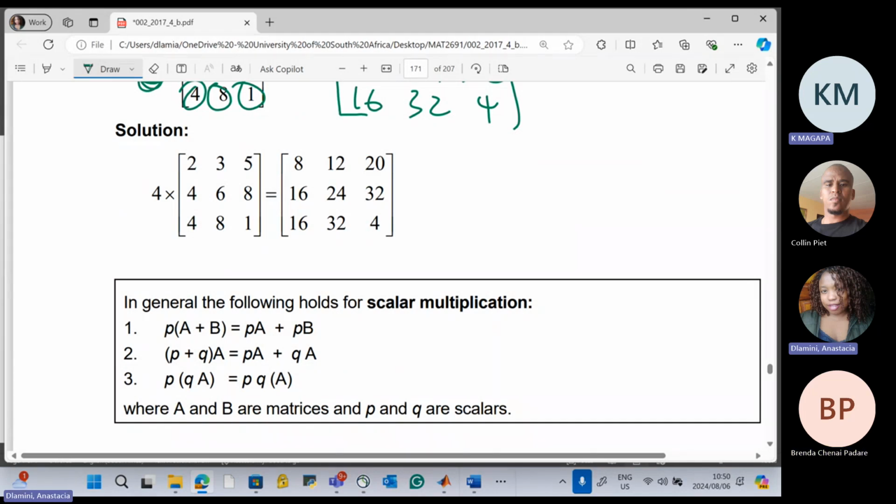So now they say in general, the following holds for scalar multiplication.